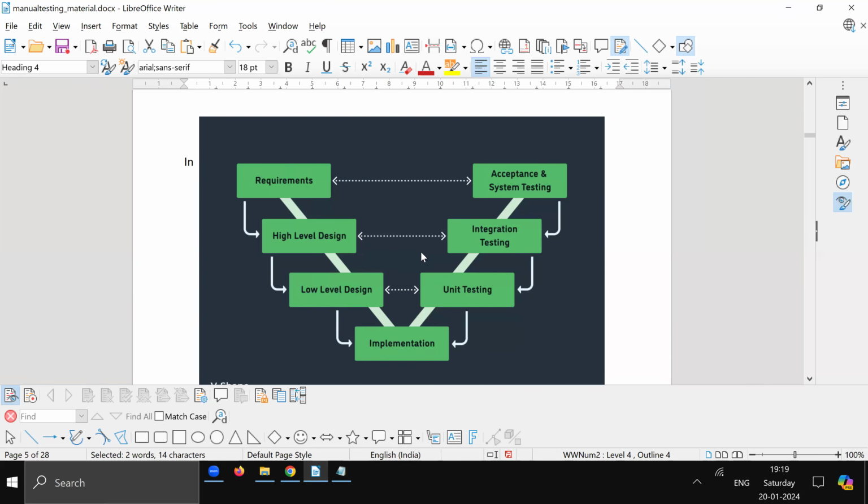In V model, developers and testers both begin their respective work right in the beginning. Means testers are also involved into requirements gathering phase. Once upon a time, companies used to call testers only after coding is over.